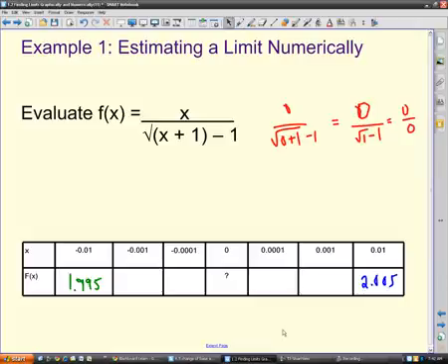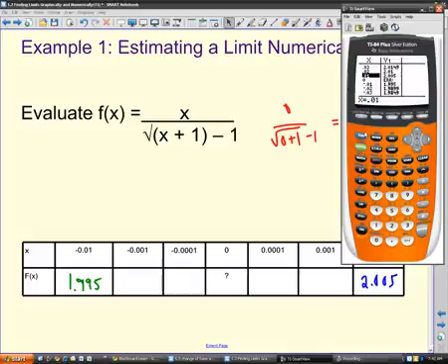We're going to go back to our table set, and this time my table start is going to be the negative version, negative 0.001, and that's what I'm going to count by too, negative 0.001. Now if I go to my table, you can see that I get what looks like an extra 9 in this one.